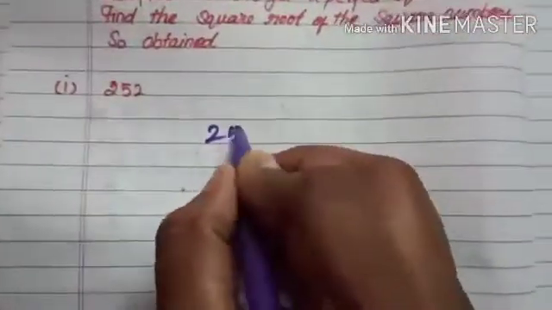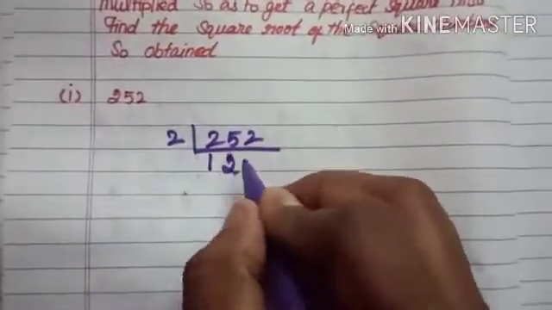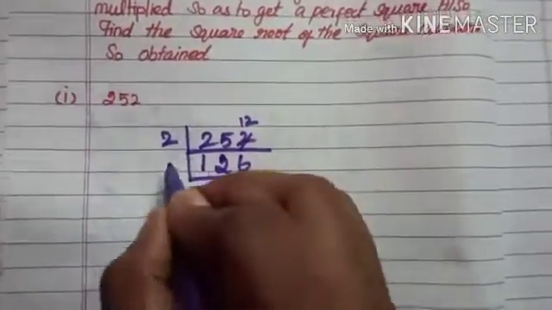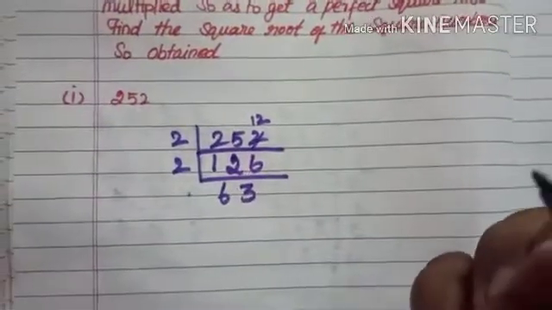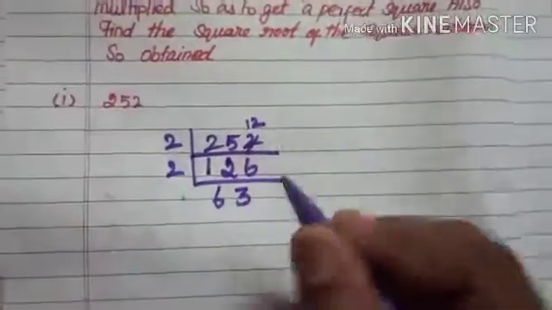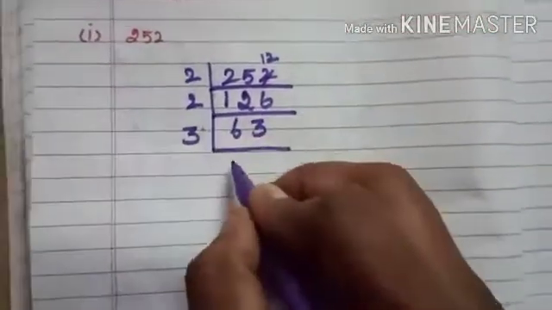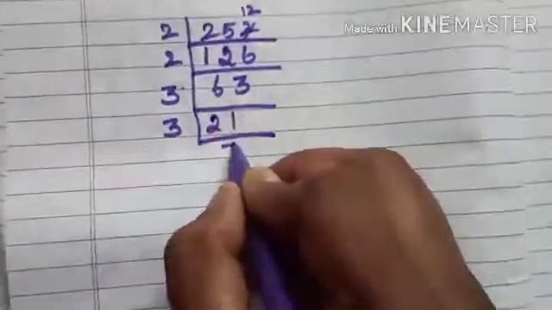So first you take 252, divisible by 2. 6 2s are 12, 3 2s are 6. Then the 3 table: 2 3s are 6, 1 3s are 3, 7 3s are 21.